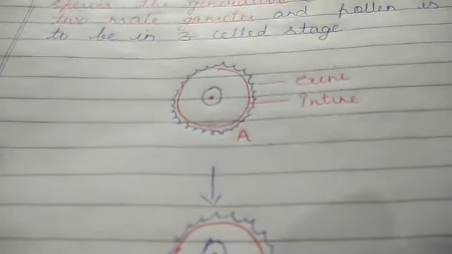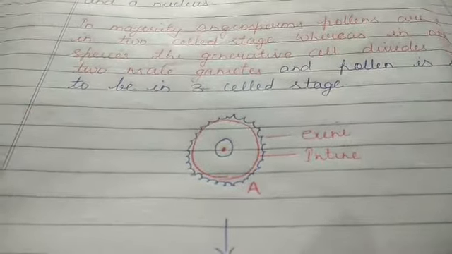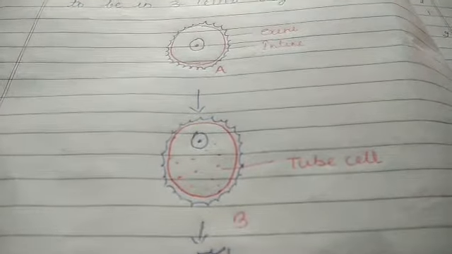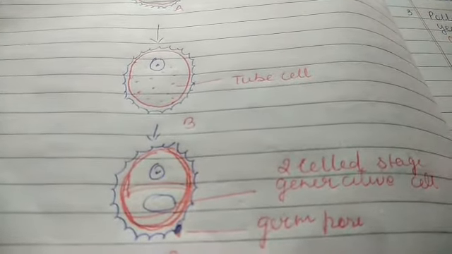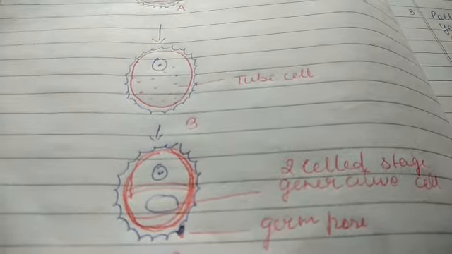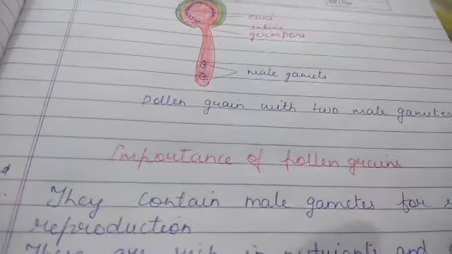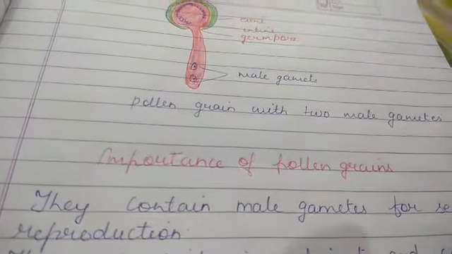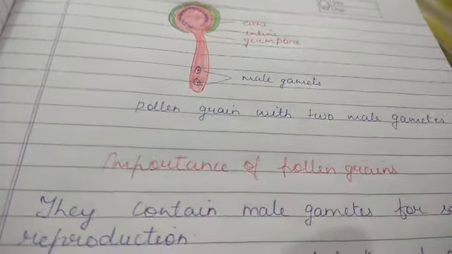Now see this diagram. The outer layer is exine and the inner layer is intine. Here the tube cells are there. In this diagram, the two-celled stage, the generative cell and the upper one is the vegetative cell. Now for the pollen tube, you can see that the inner layer, the intine, comes out as a pollen tube, and the outer layer remains as such.